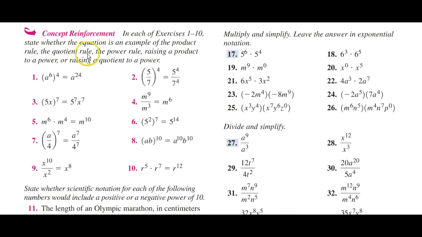rule, the power rule, raising a product to a power, or raising a quotient to a power. All right, let's take a look at these, and I think what we can do is actually number them.